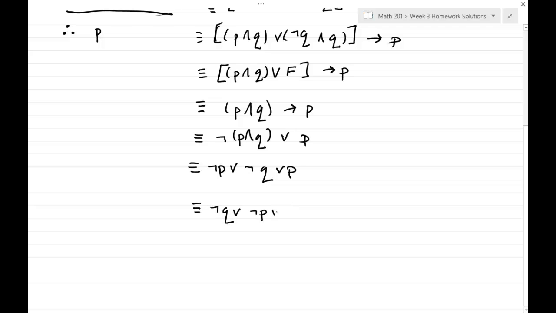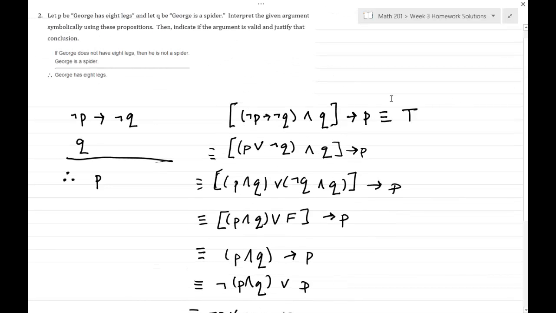And keep in mind, you can always do a truth table on these, but for me it's just easier to go through and do these steps. And so we get that this is true, so it's a tautology. So because this implication is always true, I know this is a valid argument.